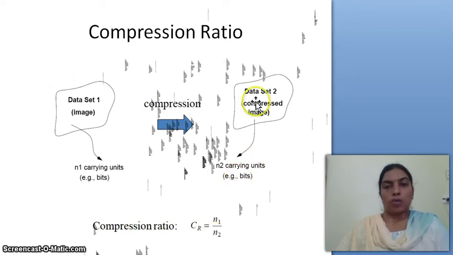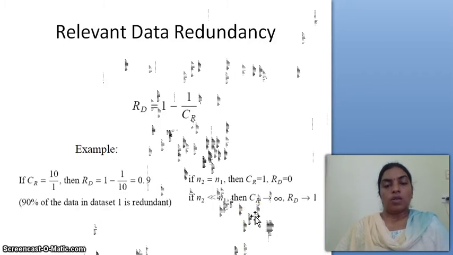The number of bits required to store the input image divided by the number of bits required to store the output image, or compressed image, that is nothing but the compression ratio.